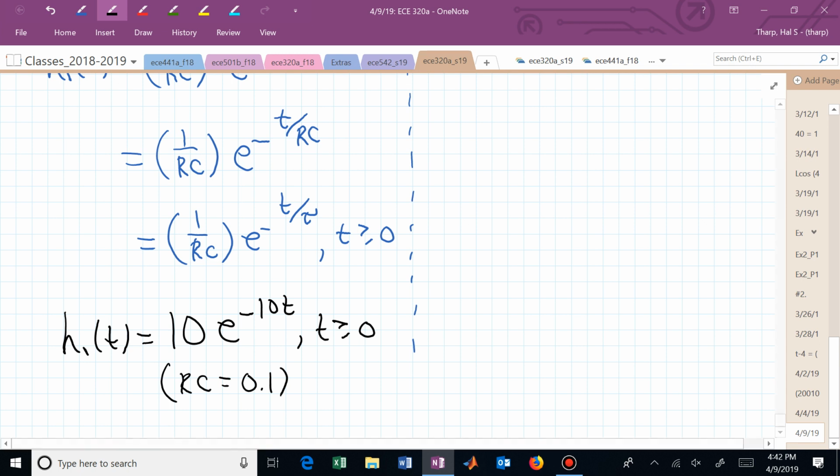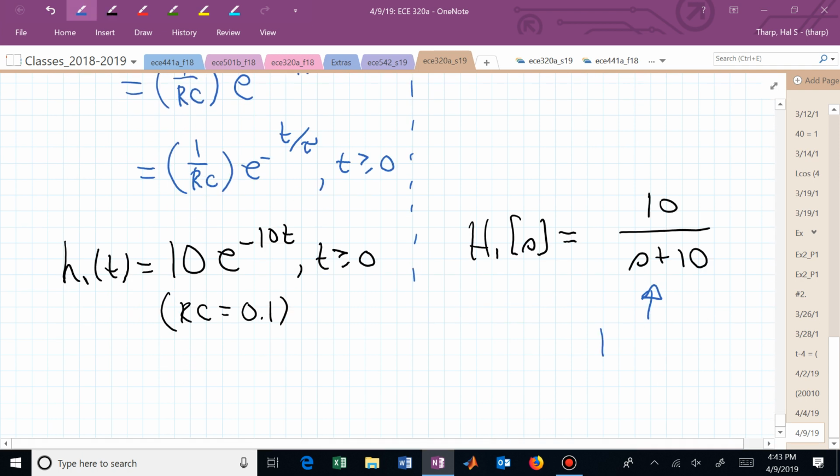What's h sub 1 of s look like if our pole, where's our pole? Negative 10. So this is now 10 over s plus 10. Our pole is at minus 10.